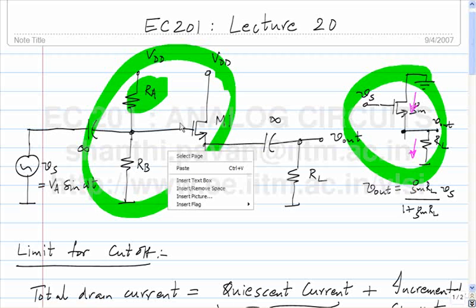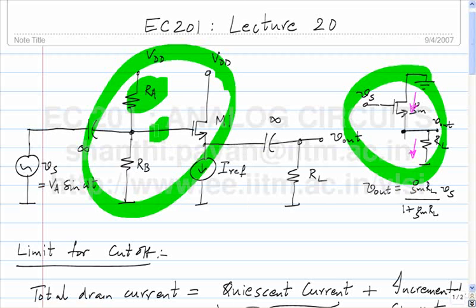Decrease. Okay. So if the quiescent value at the gate decreases, that means it will take a larger input signal to push this node over and above Vdd by one threshold. You understand? The moment this node goes one threshold above Vdd, the transistor goes into triode. If the gate potential was inherently lower to begin with, it means that you can put in a larger amplitude sine wave before the transistor gets pushed into the triode.